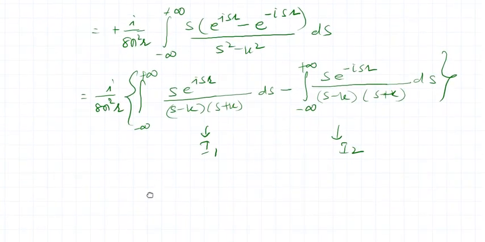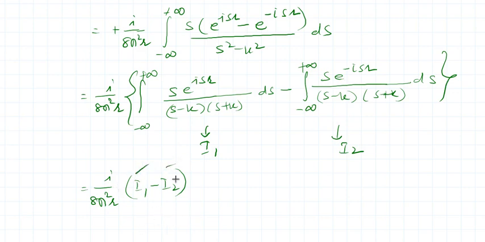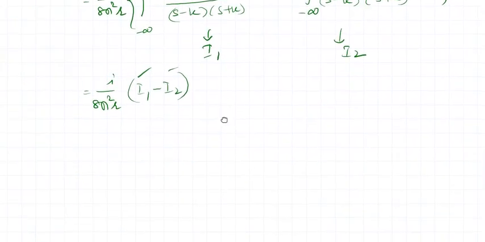So if I do this, then it is basically written as iota over 8 pi square r, integral I1 minus integral I2, and let me try to solve these integrals I1 and I2 separately.